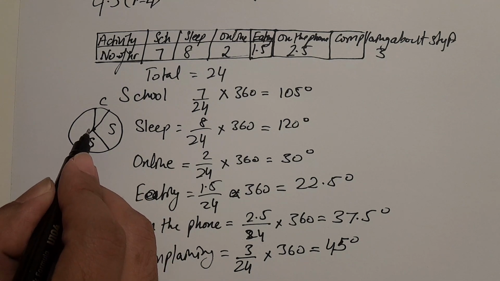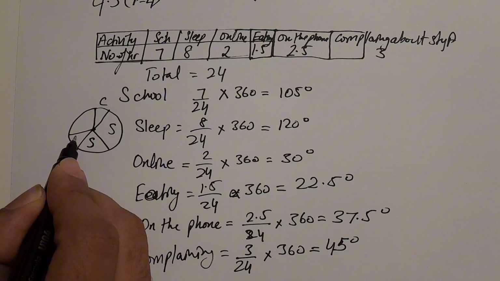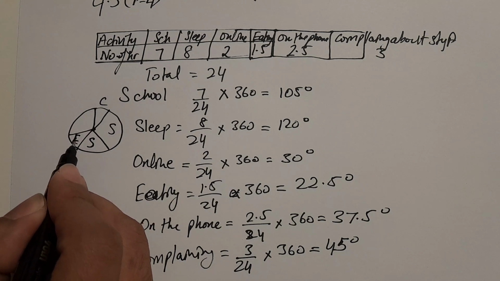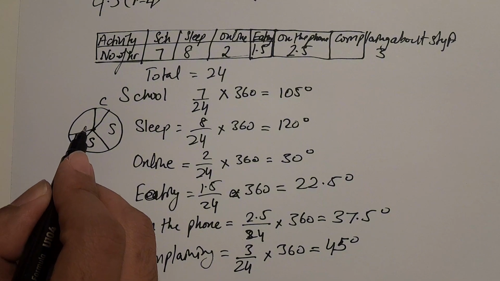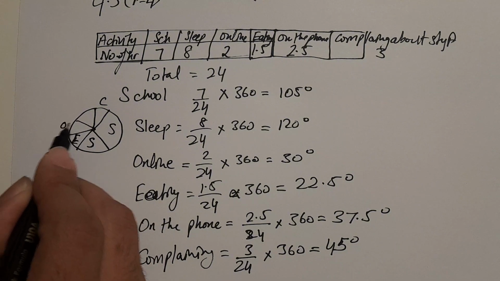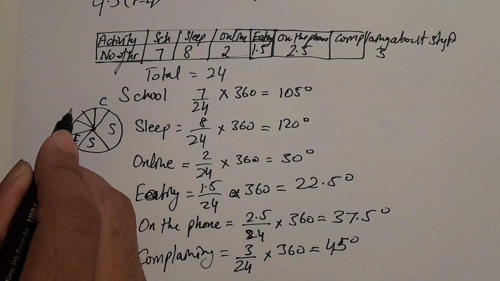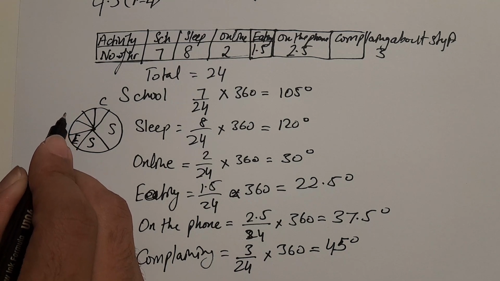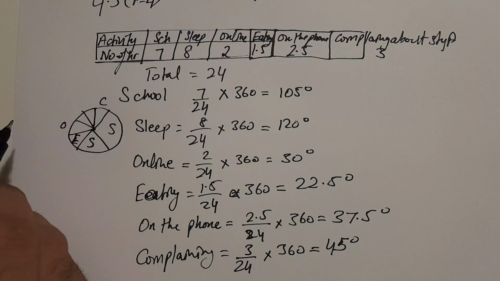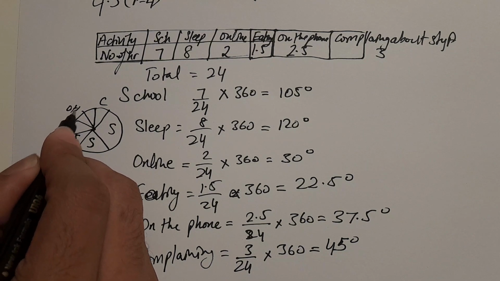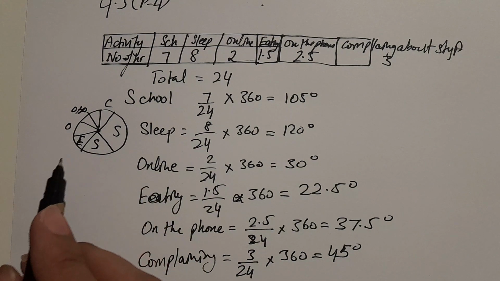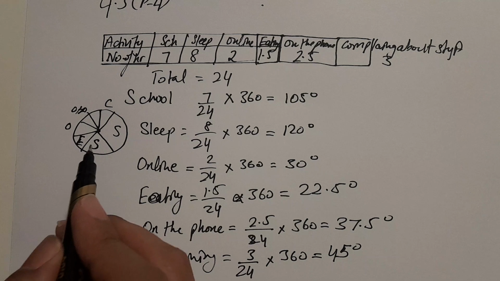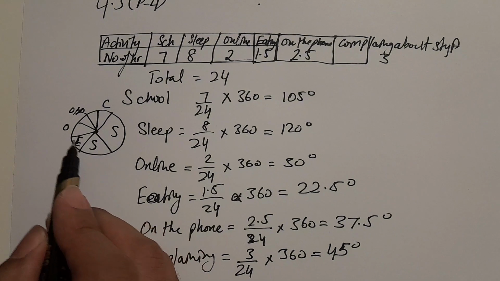Then for eating, it will be represented like this. And the last two will be online, then on the phone, and like this. So we have sleeping, studying, eating, and like this.